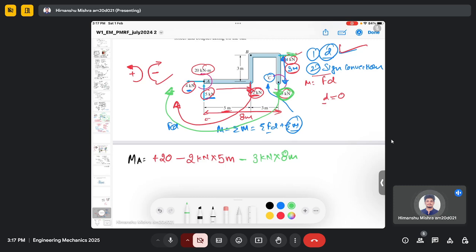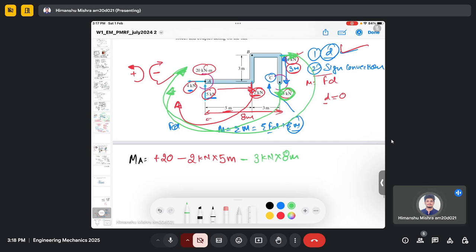Then for the 4 kilonewton force, the direction is from left to right, and about point A it again rotates in the clockwise direction, which means it will be minus 4 multiplied by 3, which is the perpendicular distance, and the overall movement at point A is 0. So this overall movement will be 0.